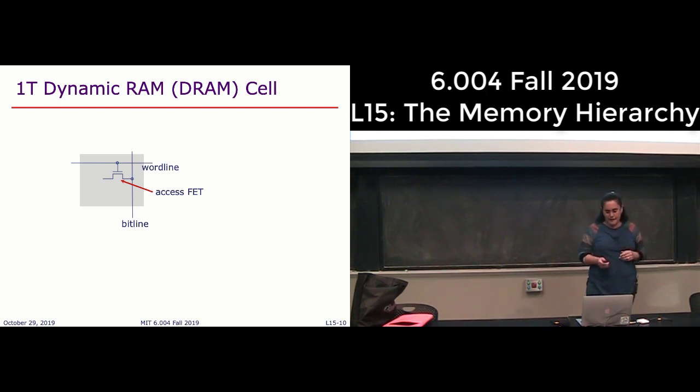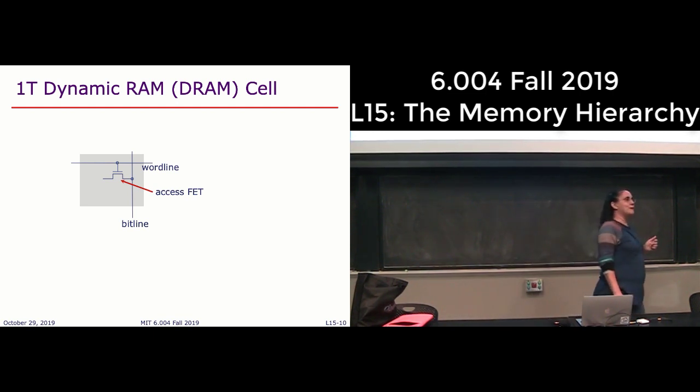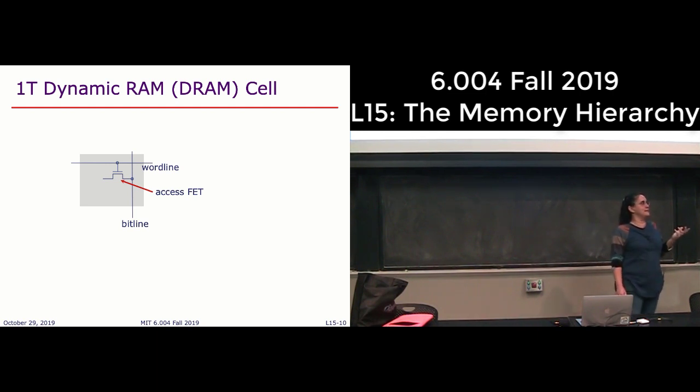So once again, we've got these bit lines which are used to access the value of that particular bit. And we have these word lines which are used to access which of the words in the array we're trying to access. But now the question is, if we don't have this pair of inverters which are being used to store the value that we're trying to save, how are we going to save it?